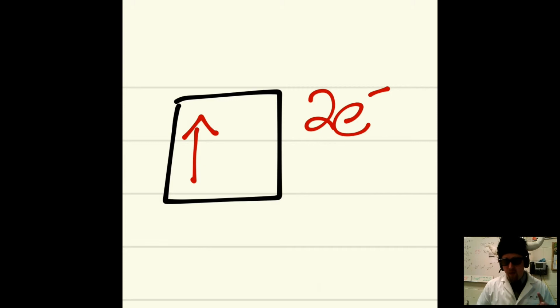Now, if you have 1 electron spinning in one direction, there's a rule, and we're going to talk about it in more detail later, that says you have to have electrons that spin in the opposite direction, counterclockwise. So we're going to denote it like that. What you're looking at here would be considered a full orbital. It's got 2 electrons inside of it, 1 clockwise, 1 counterclockwise, and it is considered 1 full orbital.